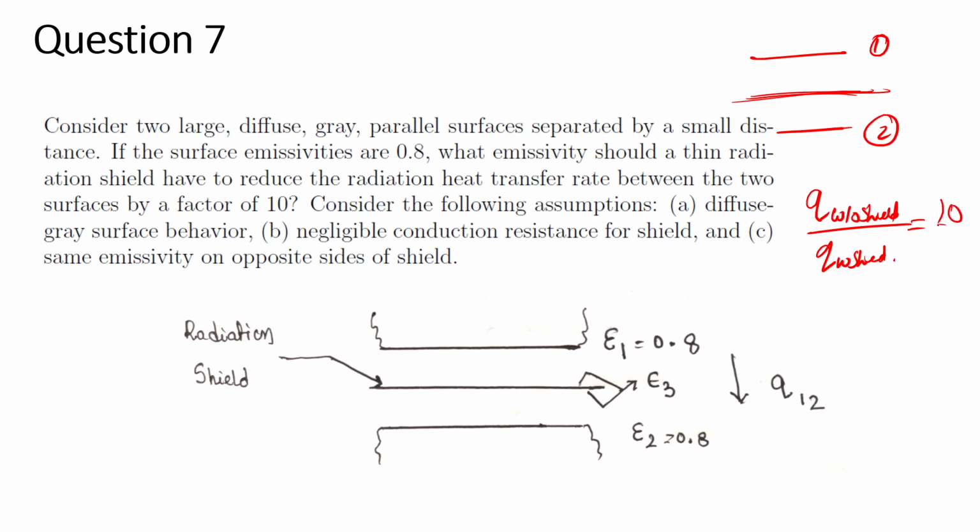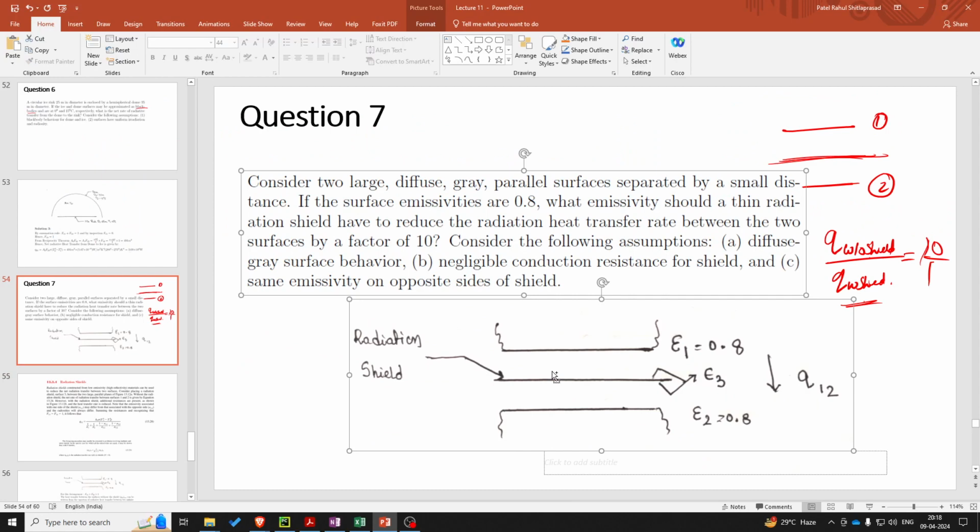So if we introduce the shield, the net heat exchange basically becomes 1/10th of that. So let's see how we solve these questions whereby we have this radiation shield.